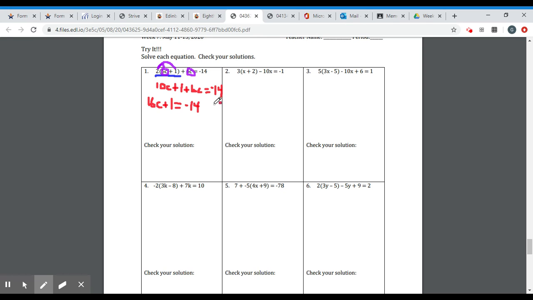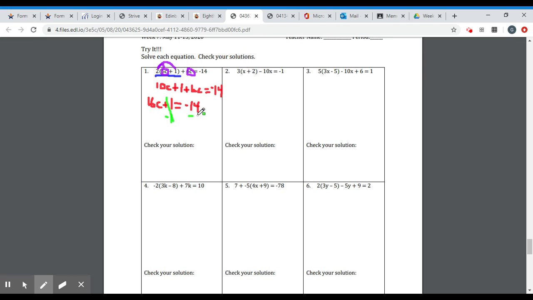So now that I have this, all I'm going to do is first I'm going to get rid of my constant, which is positive 1. What's the opposite of, or the inverse of positive 1 or plus 1? Negative 1. Let me change colors here. Negative 1. So plus 1 minus 1, that zeroes out. What I do to one side of the equal sign, I need to do to the other side.